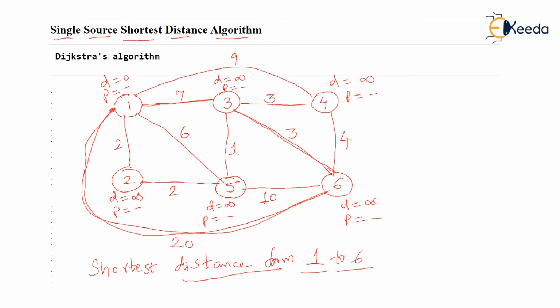As an example, we have 1 to 2, then 2 to 5, then 5 to 3, and then 3 to 6. Now if you add up all this, it will come out to be 8. It is 2 plus 2 plus 1 plus 3, 8. So this is shorter than 10.